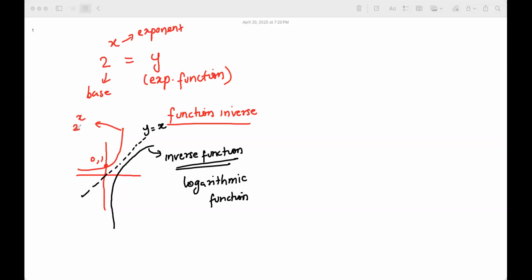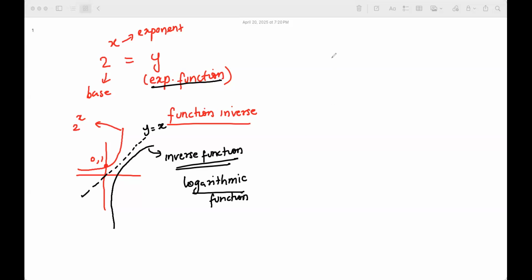So exponential functions and logarithmic functions are inverses, just like a cube function and cube root, or a square root and a square, they are inverses. Like that, exponential and logarithmic functions are inverses.